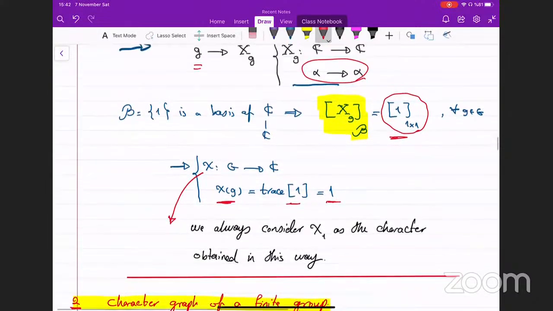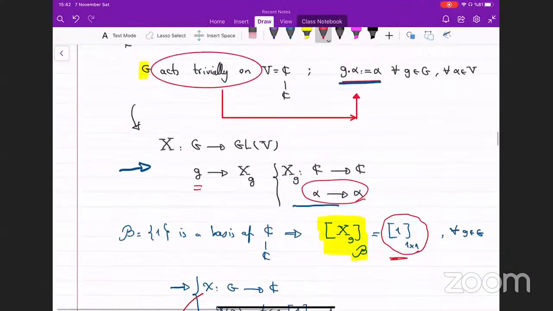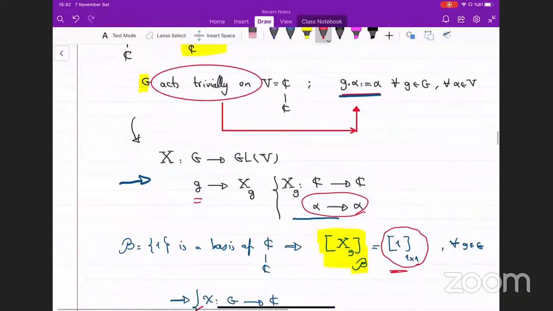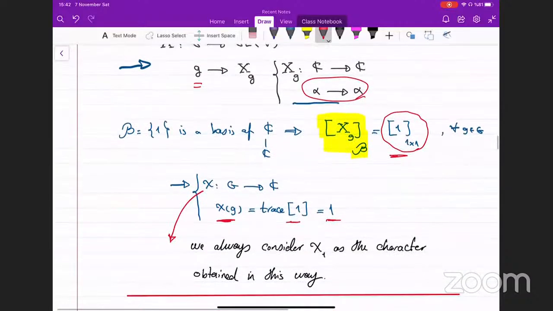Since this is a vector space of dimension 1, of course this is a simple CG module, so the representation that you obtain here is an irreducible representation. So the character that you obtain here is an irreducible character.